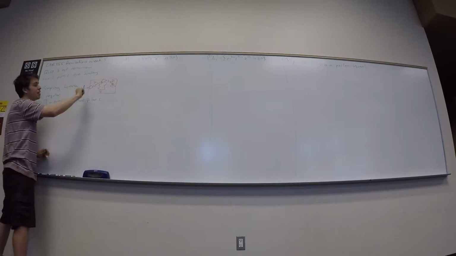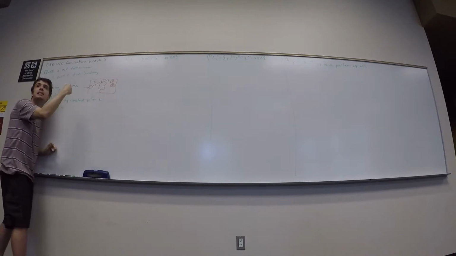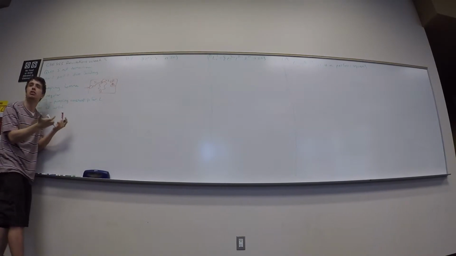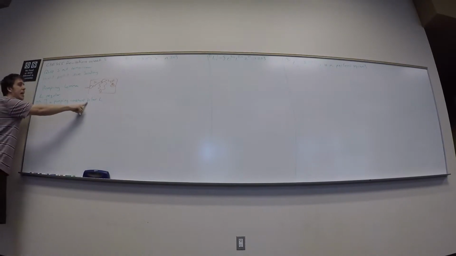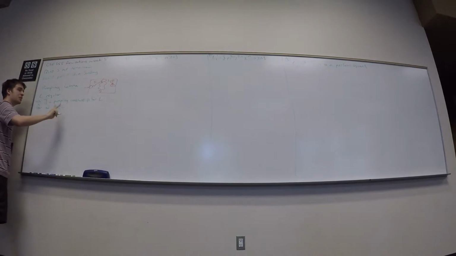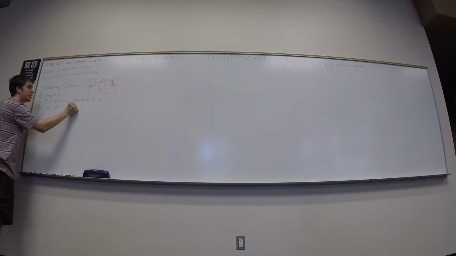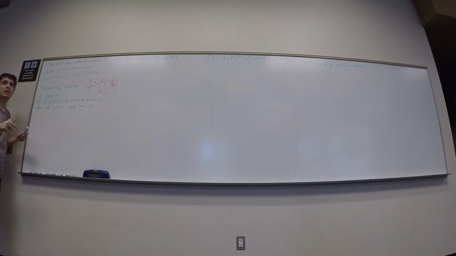Because if I have a state that I can repeat, then I can just go around this loop as many times as I want and get more strings in the language. I want to be able to understand the structure of the strings in the language. So I need to consider the strings that are in the language, so I end up in an accept state, and that are long enough, which means that they will repeat a state in the corresponding DFA.